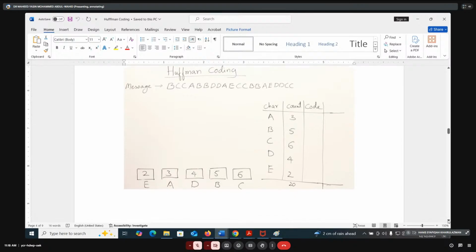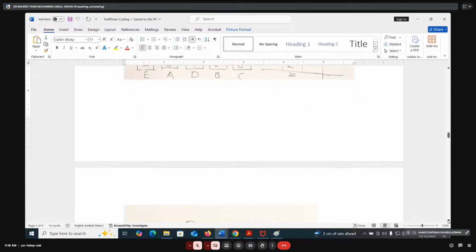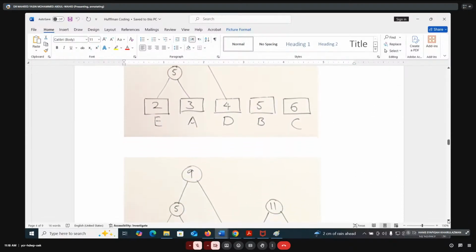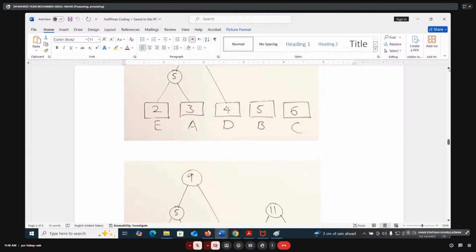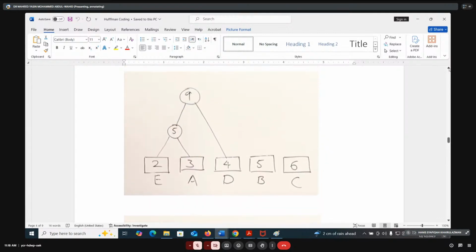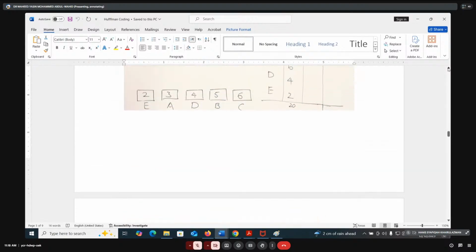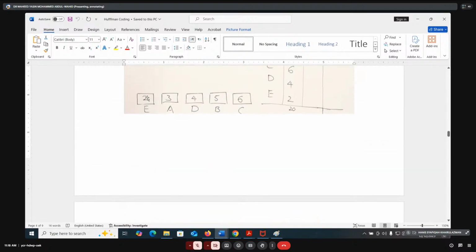Now I try to find the minimum between each two nodes. 2 and 3 is 5.